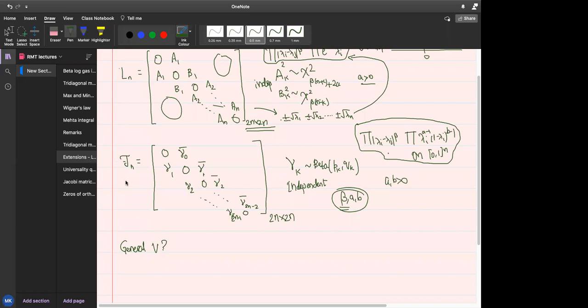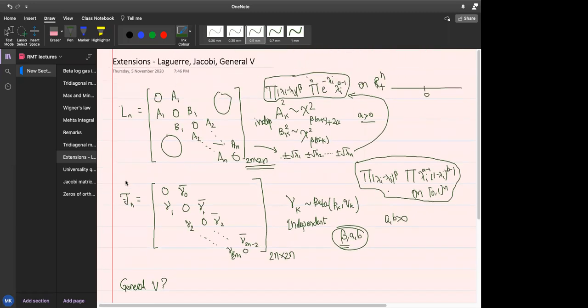I must remark that the forms I have given are not what you will usually find in the literature. This is actually simpler. It's a useful remark, because if somebody is working in random matrix theory, I have seen at least 2-3 occasions when there is a trick which is very useful. If anyone has seen these Wishart ensembles before, then you would have seen that these eigenvalues, when beta is 1 or 2, are eigenvalues of a matrix of the form XX transpose, where X is a possibly rectangular matrix with IID Gaussian entries.